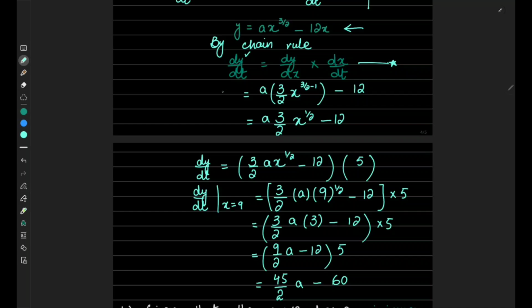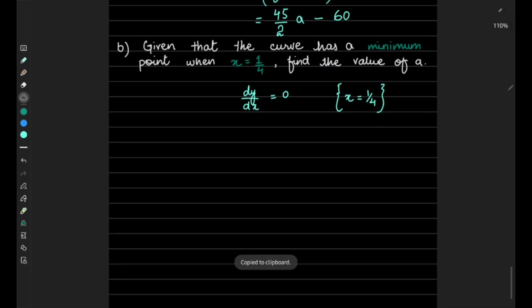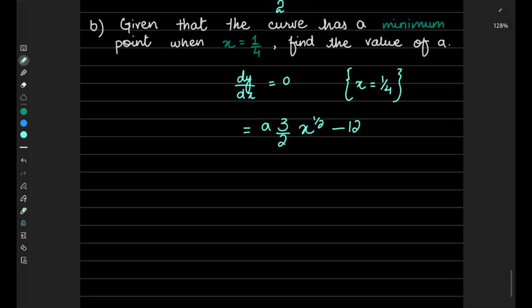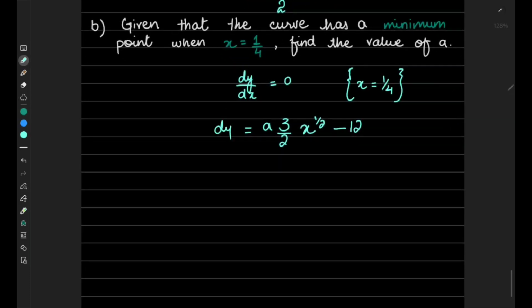So this is your dy by dx. We have to put this equal to 0 to get the value of a. So dy by dx equals this at minimum. Yeah, we know that.